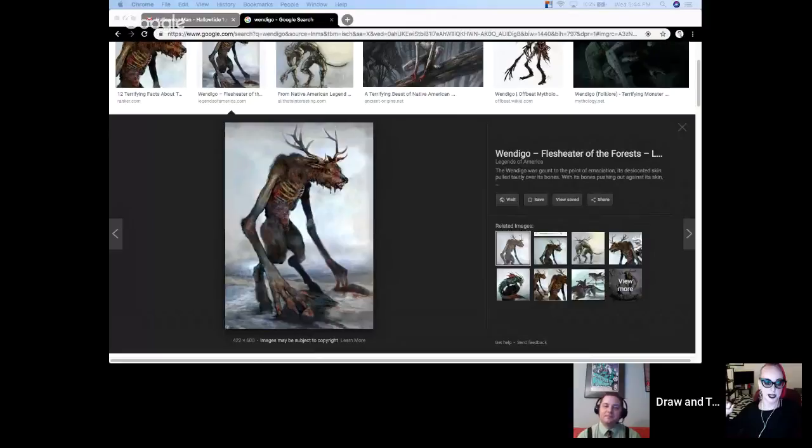They use the symbology of that creature in the television show Hannibal, and I think it's a cannibalistic creature. So that's why it ties into Hannibal. That makes so much more sense. I always just thought it was a deer.